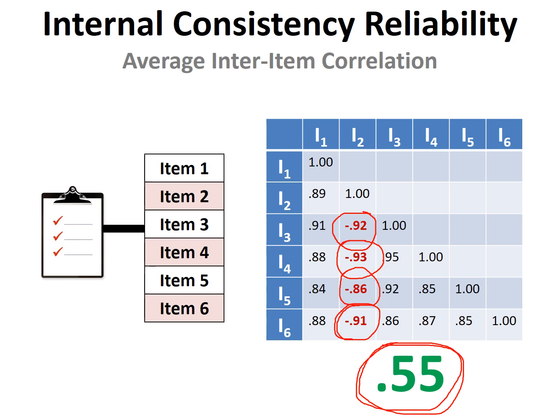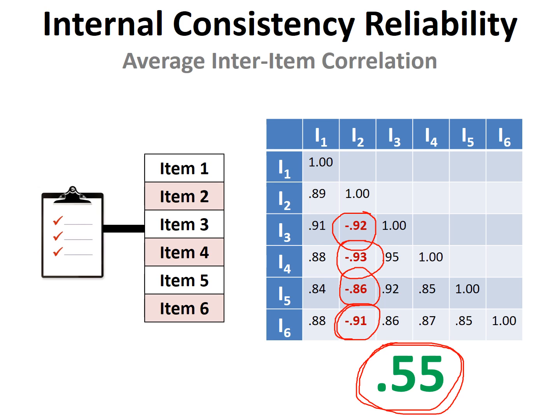Data like this would suggest that there's a real problem with item number 2, because what it shows is that if you did well on the other items, you tended to do poorly on this item. Or vice versa, if you did well on this item, you tended to do poorly on the others. This could really be indicative of a poorly worded item or of an item whose correct answer is actually improperly keyed.